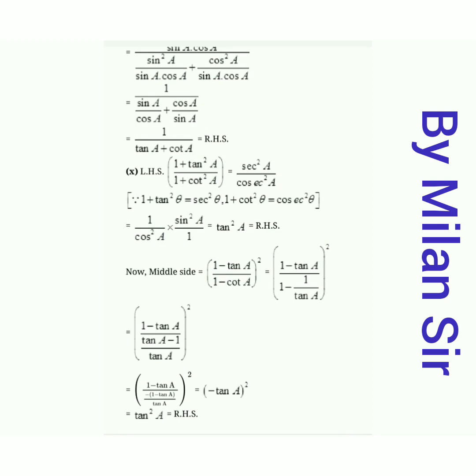First of all, the first with the third. So the left hand side is 1 plus tan square a upon 1 plus cot square a. Now the numerator and denominator are both identities. 1 plus tan square a we can write as sec square a by using the identity, and 1 plus cot square a we can write as cosec square a by using the identity, right? Now here sec square a means 1 upon cos square a, right? Cos and sec are inverse.